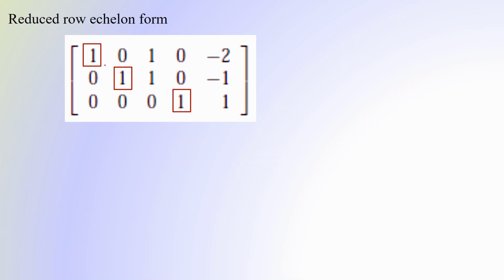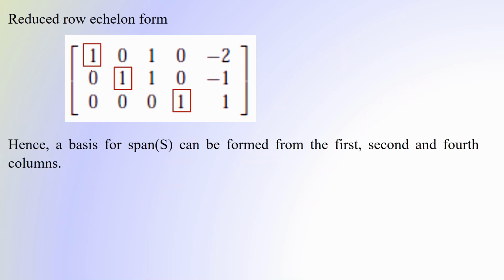Then we collect the columns which contain the leading one of each row. For the first row, the leading one is here, so it is in the first column, V1. For the second row, the leading one is here, so it is in V2.